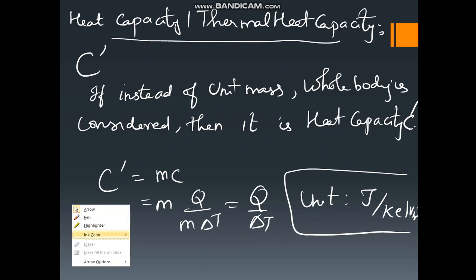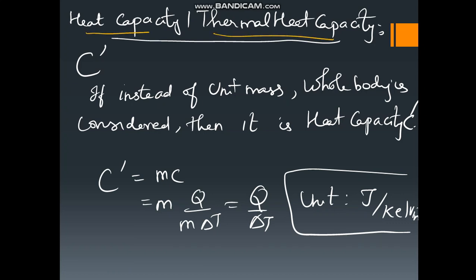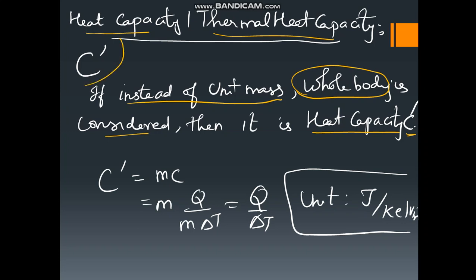Now let us see what is heat capacity or thermal heat capacity. Both indicate the same thing. Suppose instead of unit mass, the whole body is considered, then it is the heat capacity C dash. So thermal heat capacity is indicated by C dash, where C dash is equal to M into specific heat capacity, that is, mass of the body considered into specific heat capacity.